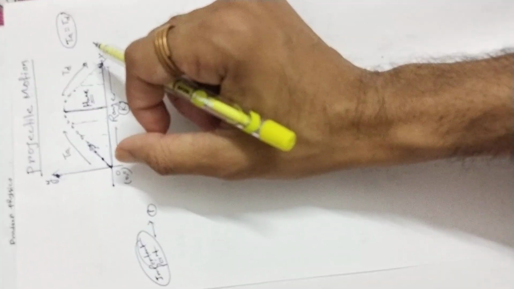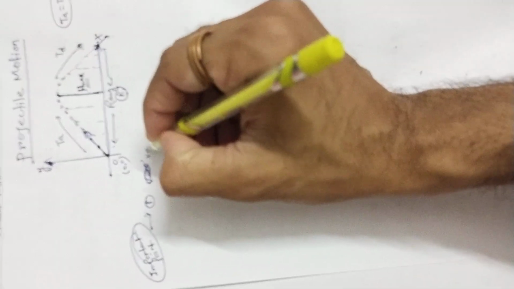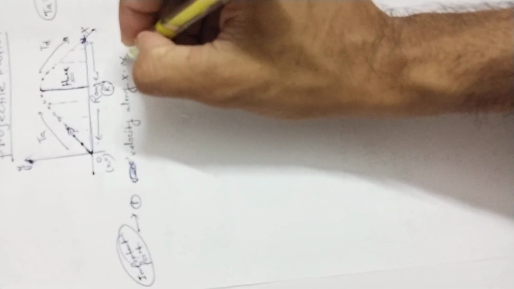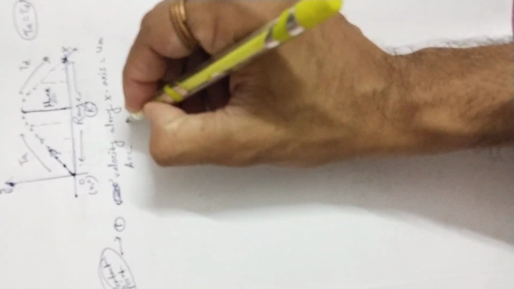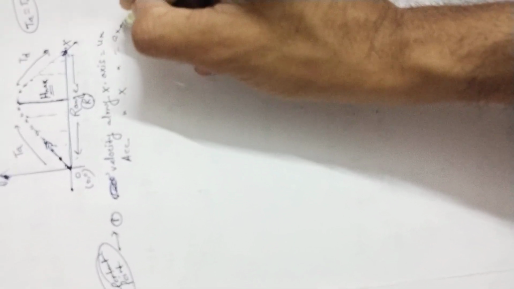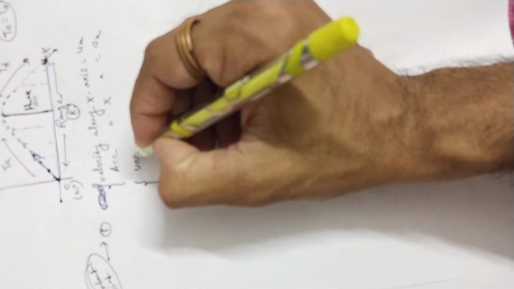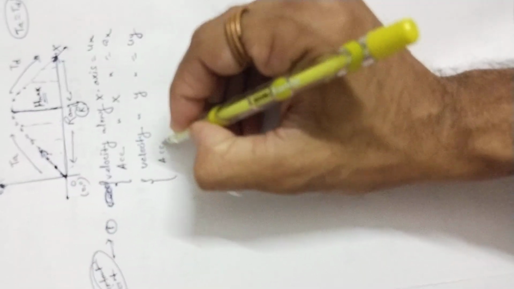The velocity along the x-axis is ux and the acceleration along the x-axis is ax. Along the y-axis, the velocity is uy and the acceleration is ay.